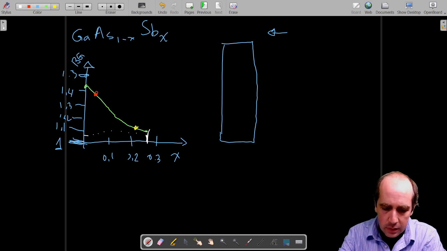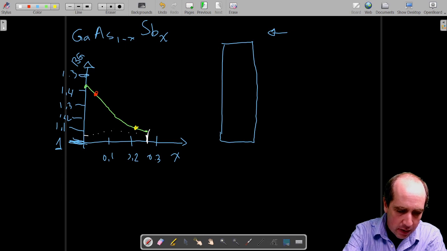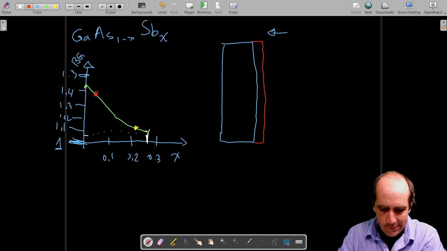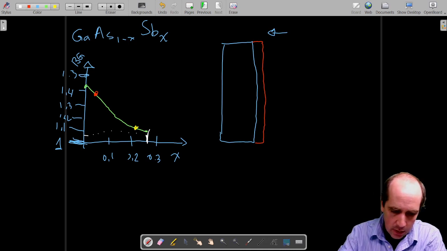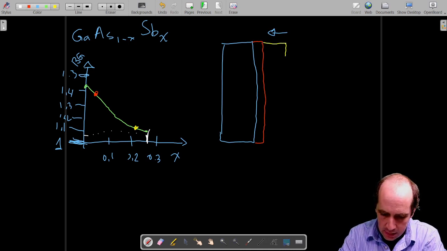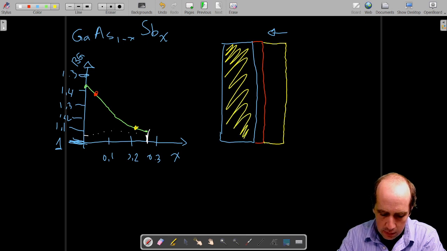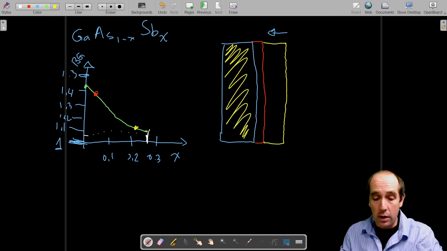So what happens is we will have a layer that we can create with this composition, and then we can create another layer, let's say a thicker layer, with this other composition. And let's assume that the original semiconductor, the wafer, was originally of the yellow type, just for the sake of the argument.